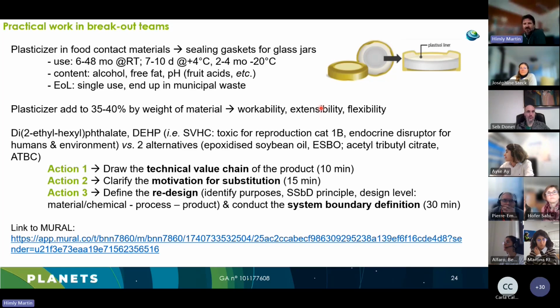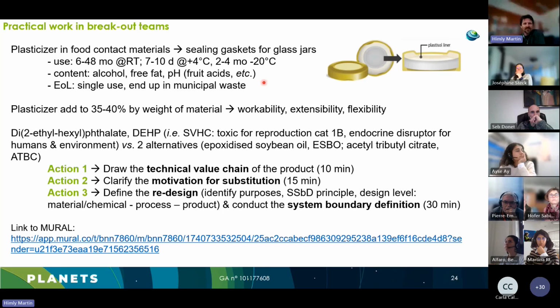So we are going to be playing here on this plasticizer in food contact materials, and this plasticizer is used for sealing gaskets in glass jars. So it's basically on these metal lids that you use for closing the glass jars where, I don't know, fruit, marmalade, tomato juice, whatever can be in there.